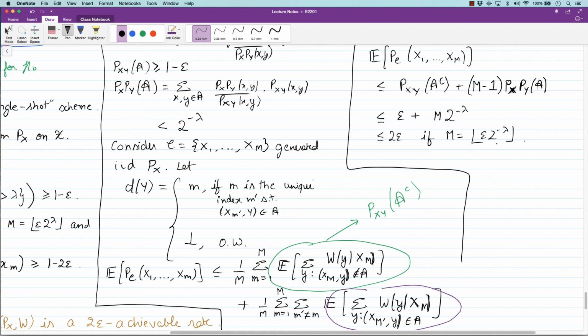So the expected average probability of error is less than this, which implies there exists x1 to xm for which PE of x1 to xm is less than 2 epsilon. And of course M is greater than epsilon 2 to the power lambda minus 1. So that's the proof.